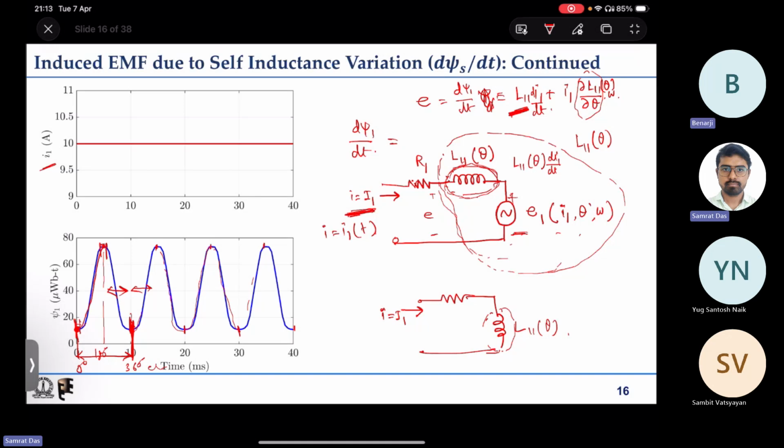In that case, our E is equal to L11 di1 by dt plus E1. So this thing is E1, which is I1 dou L11 dou theta into omega. That is why I have mentioned E1 as a function of I1, theta and omega.